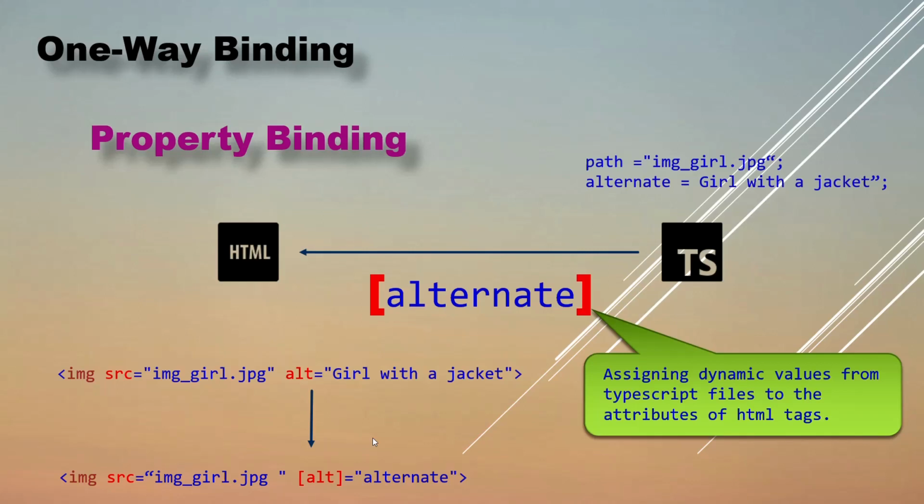Property binding assigns dynamic values from the TypeScript file to the attributes of HTML tags. Whatever variables we have created in the TypeScript, that value we can assign to the attributes or properties of the HTML tags.